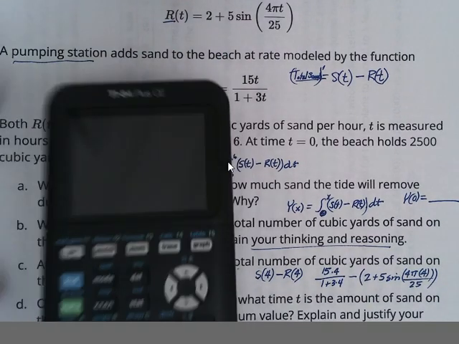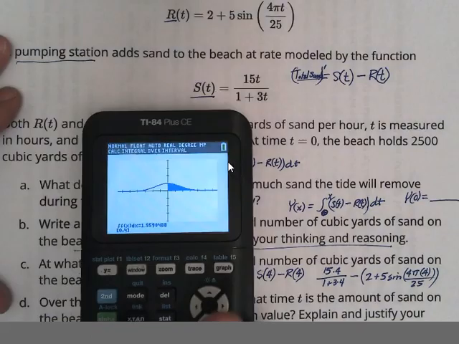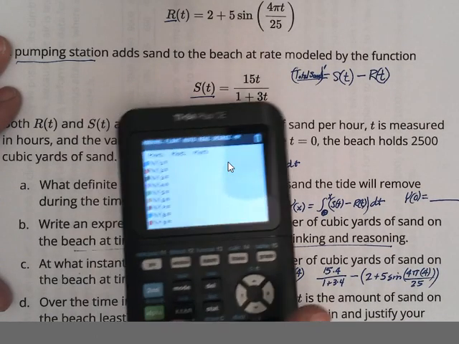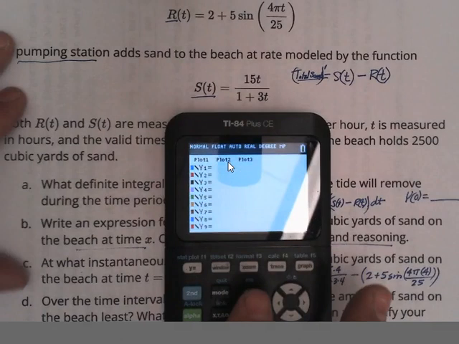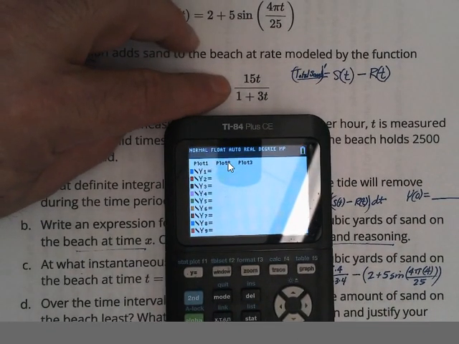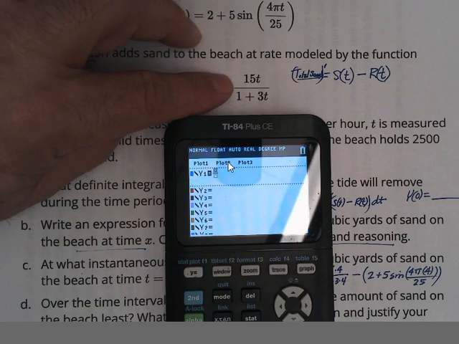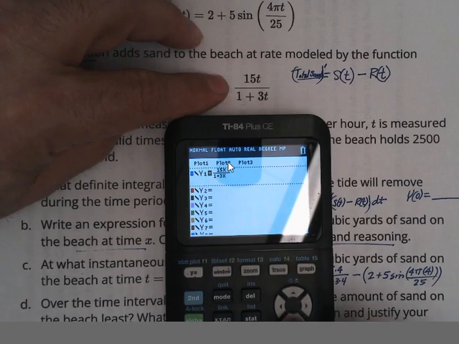So I'm going to type in this function. I'm going to type it in a little differently than we did in class, just so that you can see another technique here. So I'm going to type in s of t, alpha y equals, press enter, and I get a fraction. I put in 15x, and in the denominator 1 plus 3x.